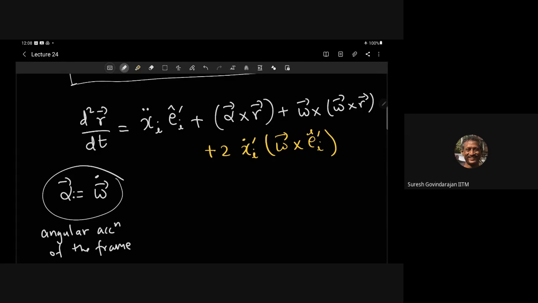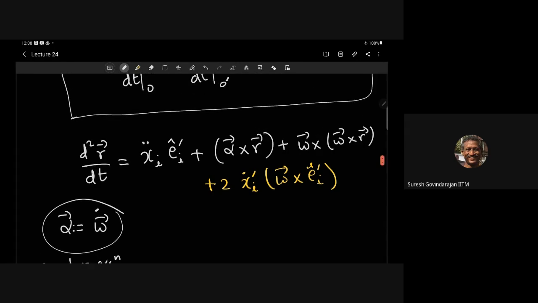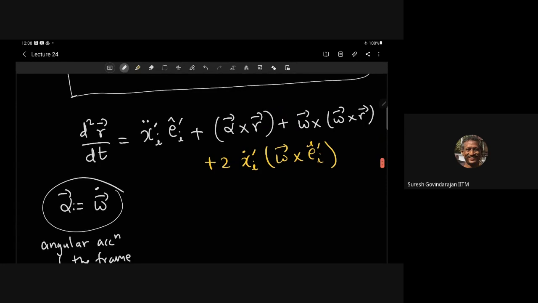Okay, so the point here is that usually we would have called acceleration. So in physics, we identify a vector with its components.